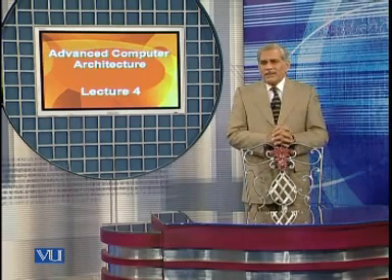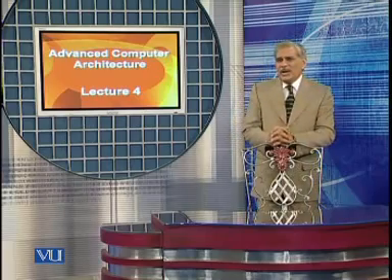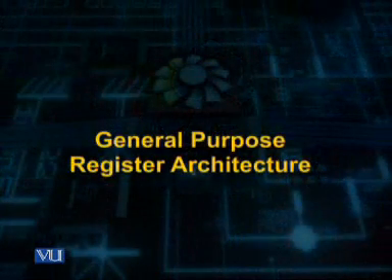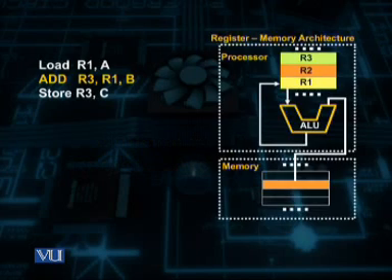A relatively small number of bits of the instruction is needed to identify the register. We will now talk about the general purpose register architecture. You can see from this slide that many general purpose registers are available in the CPU.